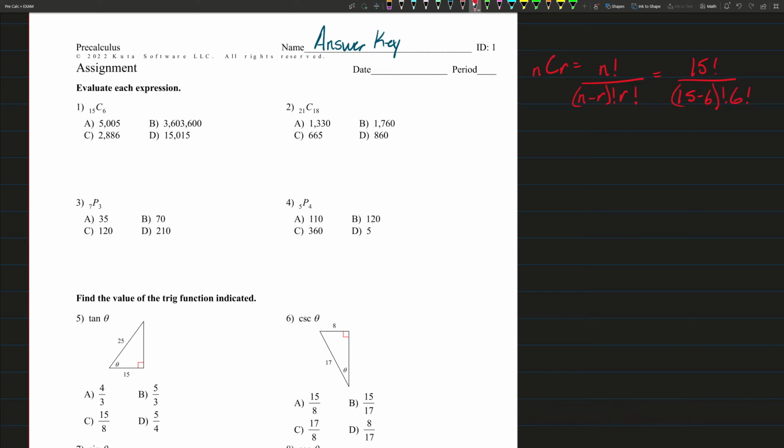You could plug this into a calculator if you wanted to, and we would get 5,005.